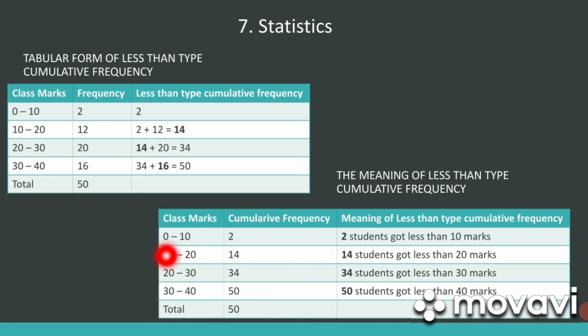For class mark 10 to 20, the cumulative frequency is 14, which means that 14 students got less than 20 marks. For class mark 20 to 30, the cumulative frequency is 34, therefore 34 students got less than 30 marks. And for class mark 30 to 40, the cumulative frequency is 50, which means that 50 students got less than 40 marks.